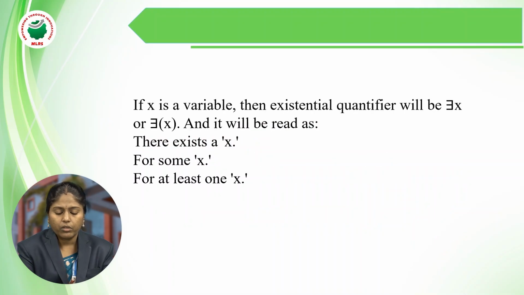In the existential quantifier, there exists x, for some x, for at least one x. That existential is nothing but only one, whereas universal includes for all.